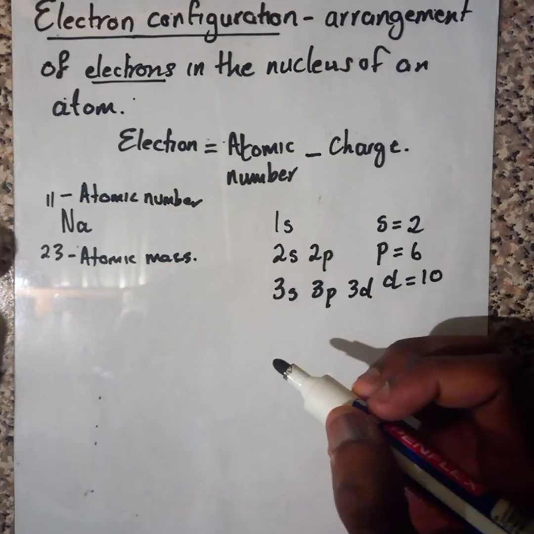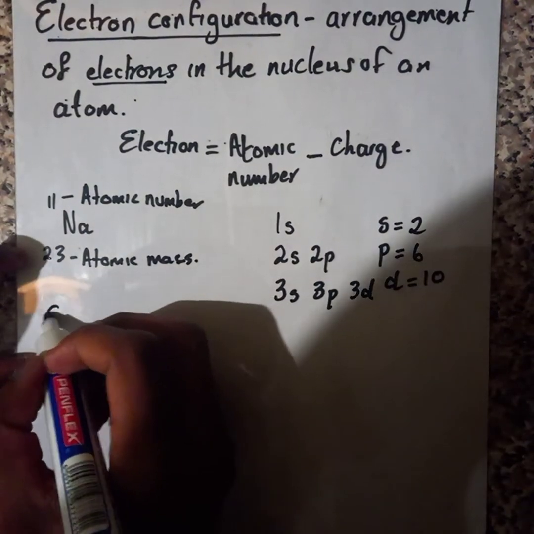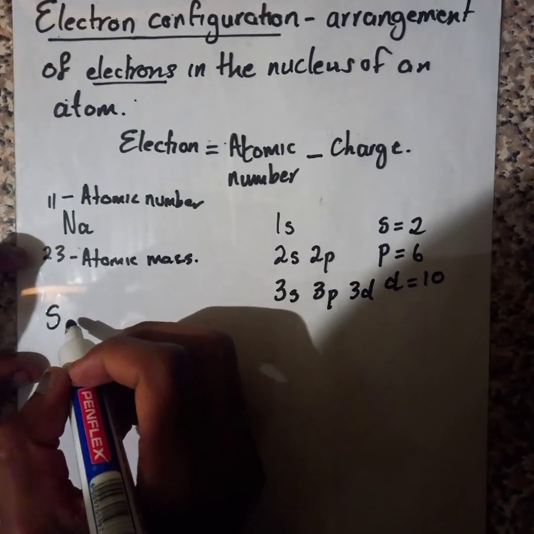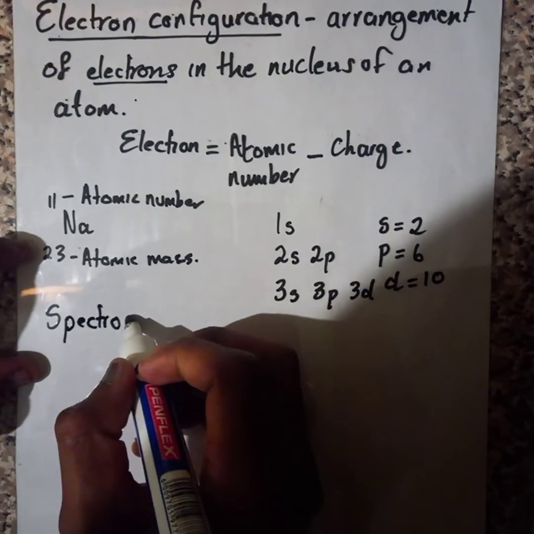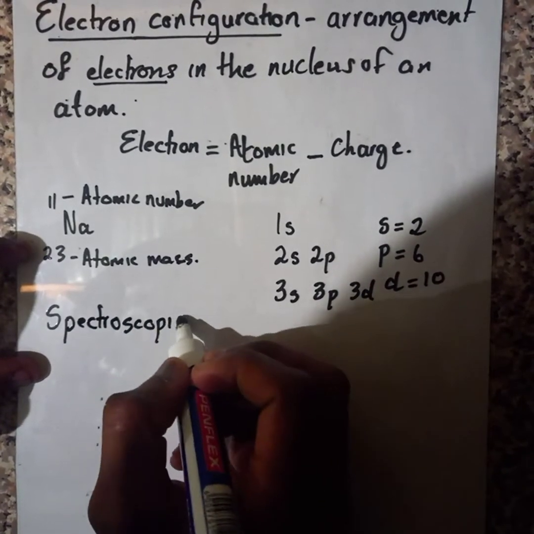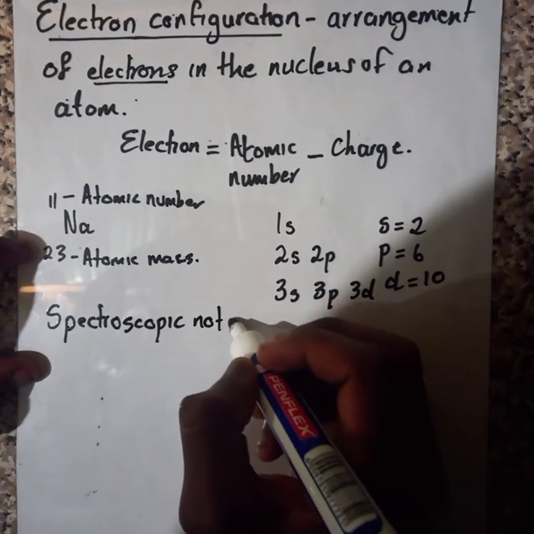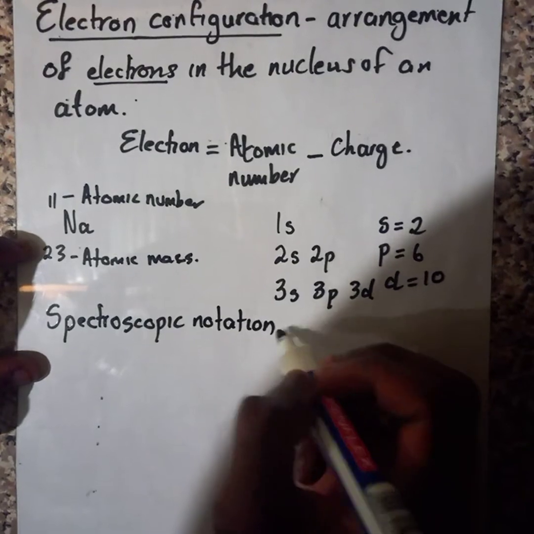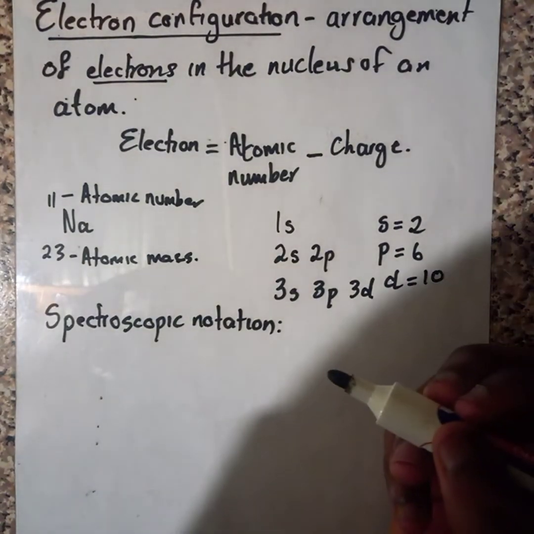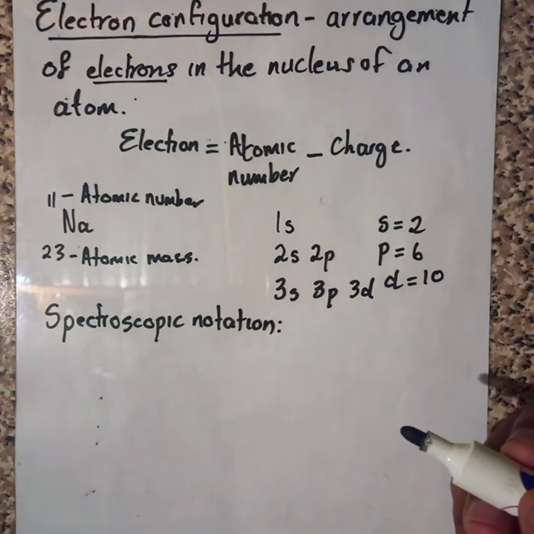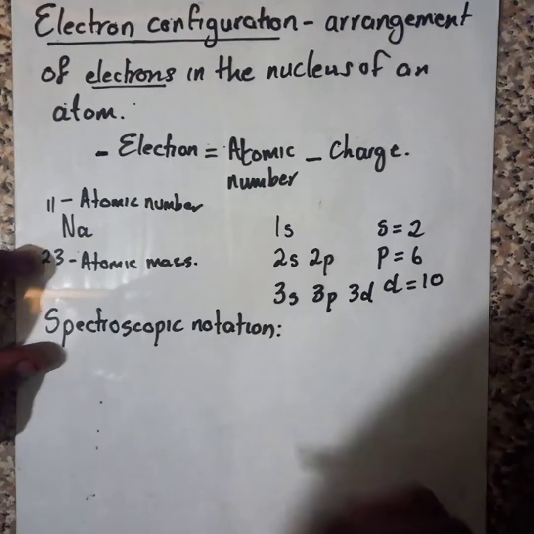Firstly, I'm going to start with spectroscopic notation. Then how are we going to approach this question? Firstly, we must determine the number of electrons using this formula.